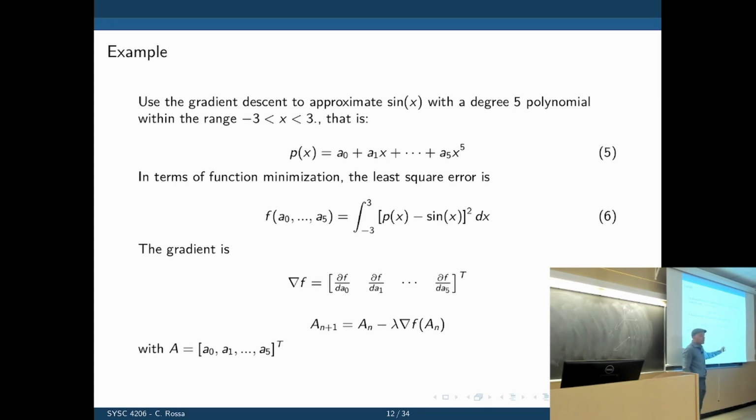Now what's the gradient of that function? Well, it's the gradient, the partial derivatives of this integral with respect to what? What's the gradient calculated with respect to x? Right? X goes between -3 and 3. It's a continuous axis, -3 to 3.